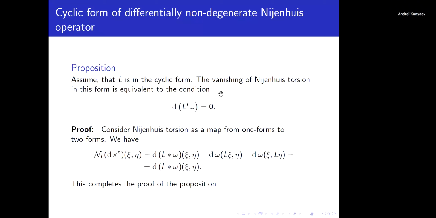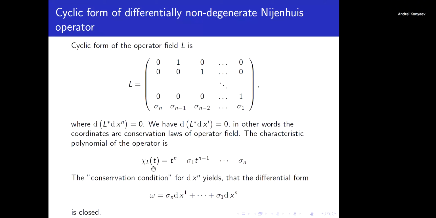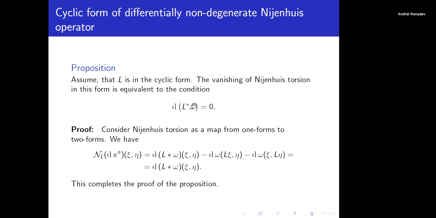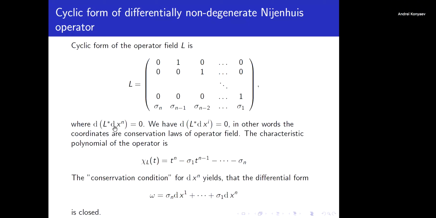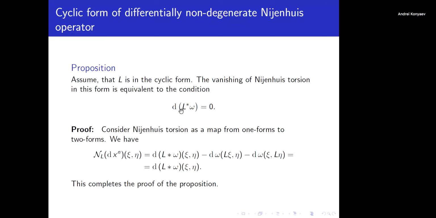So we see that if we have a cyclic operator with this differential condition, which is a linear differential condition, then the following condition holds. We'll see that already this condition is not linear, because we applied this to d omega, and we get L star squared, basically.